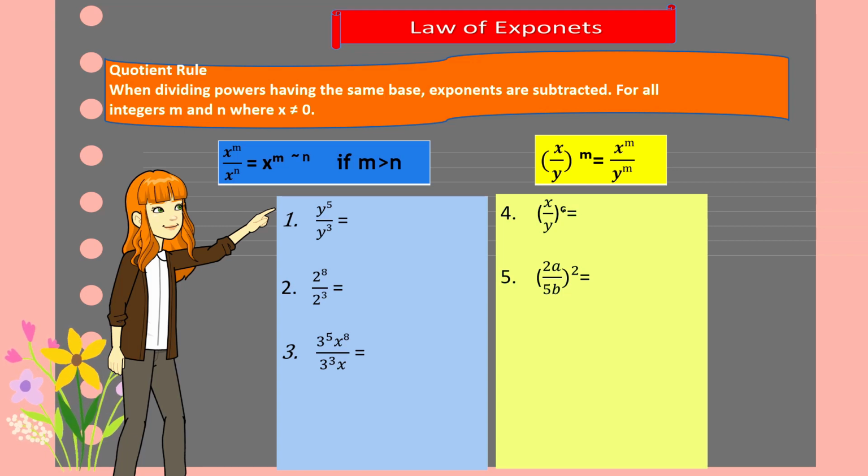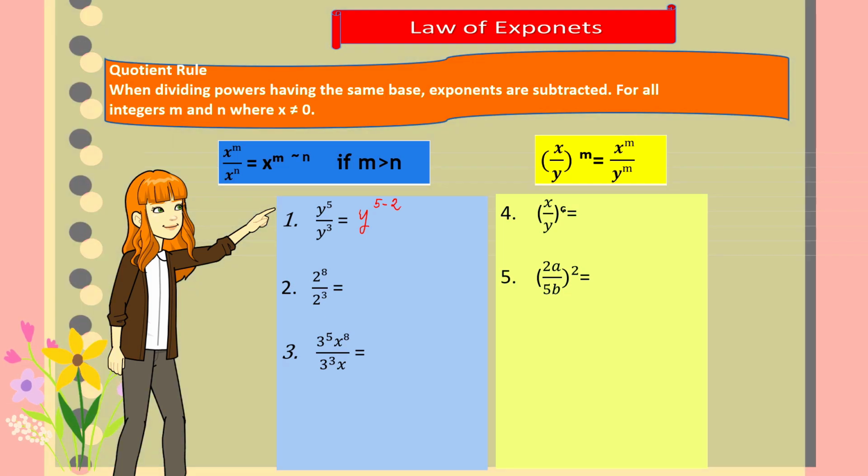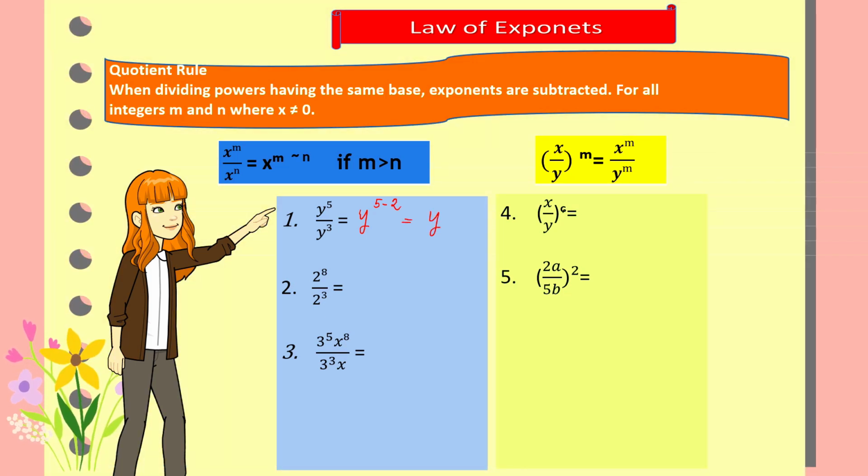Applying this formula, you will have y to the 5th power divided by y to the 3rd power, copy the base, and then subtract the exponent. So you will have y raised to the 2nd power or y squared.